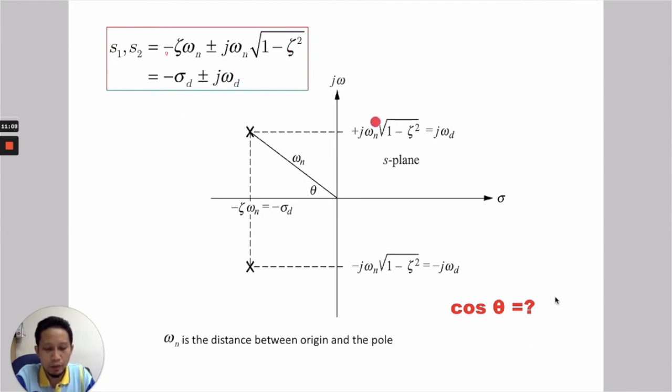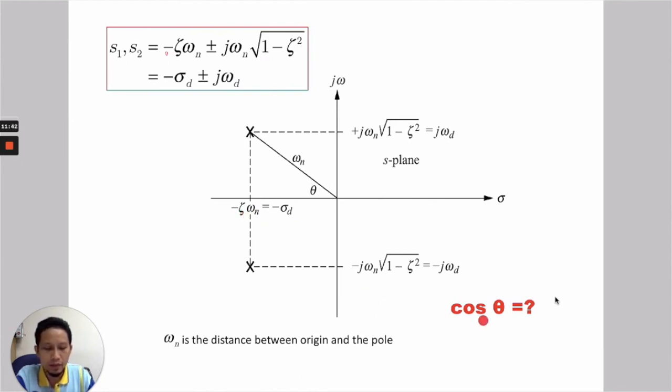So when we plot it on the S-plane, the distance between the origin and the pole location is omega n, and the distance on the horizontal axis is negative sigma d, which is given by negative zeta omega n.